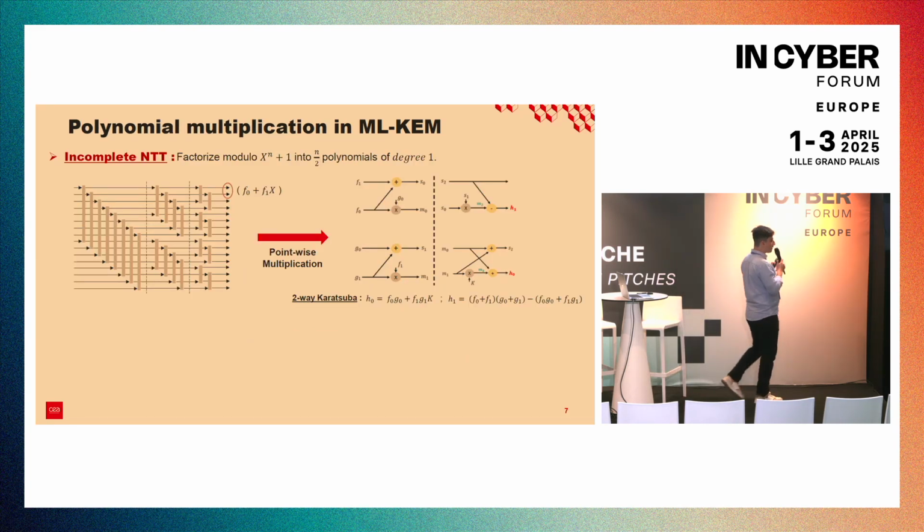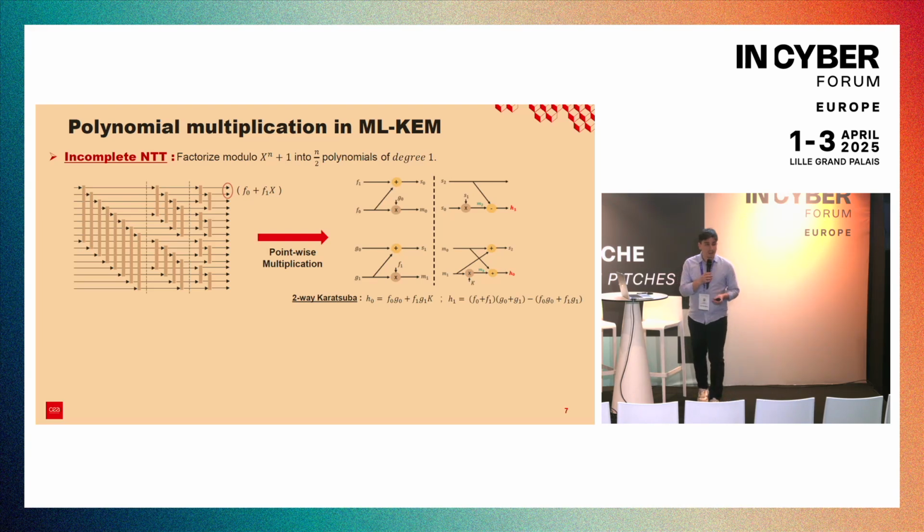Talking about the pointwise multiplication in the NTT, it is complex because each evaluated point is represented using two coefficients, and so one of the possible optimizations that we can use to perform this operation is the two-way Karatsuba, which again can be executed using a butterfly structure.